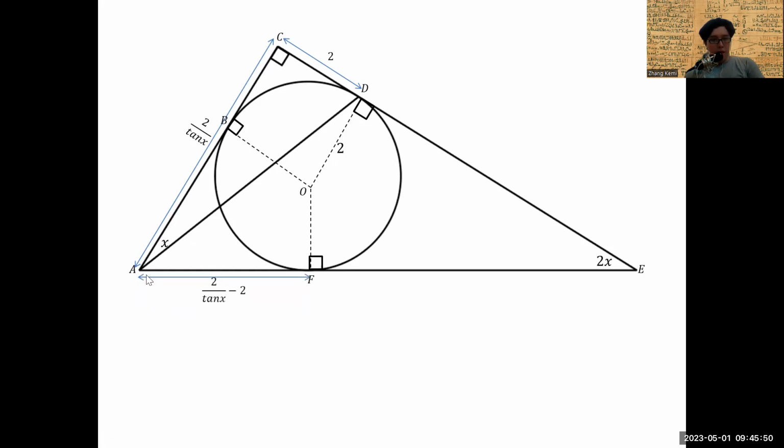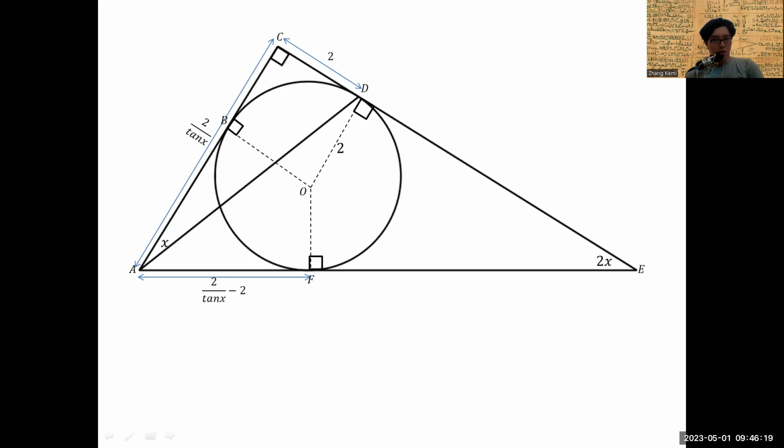Now, next, AF is the same distance as AB, because the two tangents are meeting at a common point. Their lengths are the same. That is a theorem of circles. So how do I know that this is 2 cotangent x minus 2? It's very simple, because BC is also 2 units since OBCD is a square.